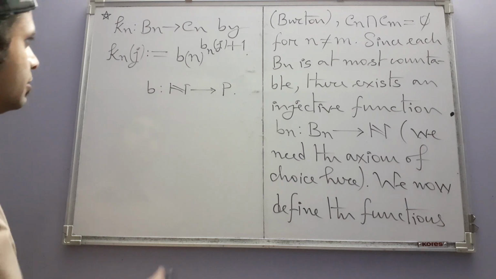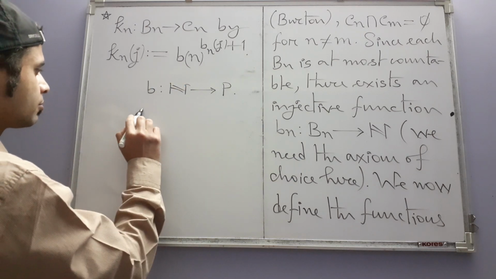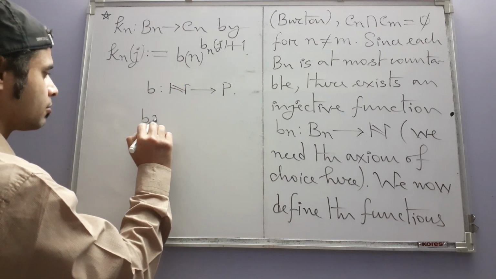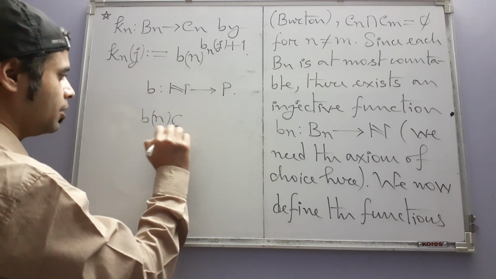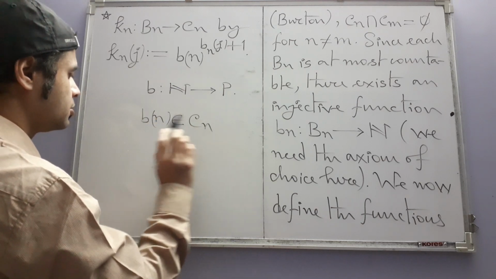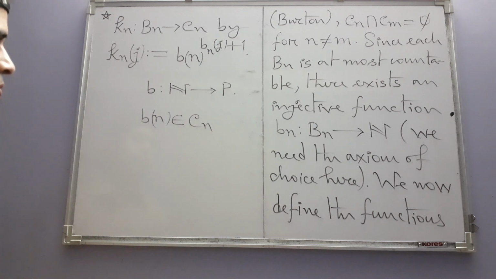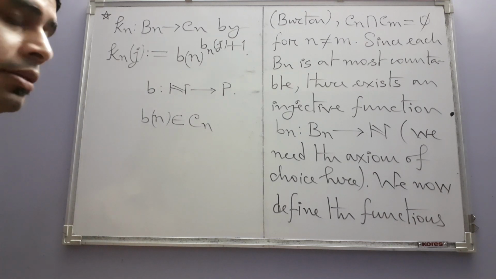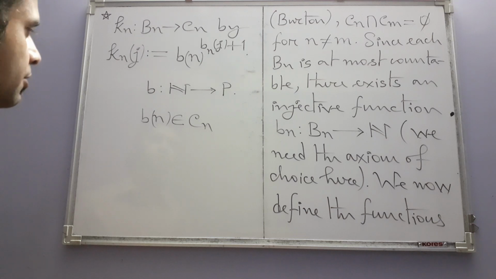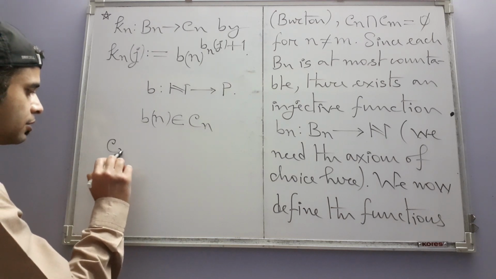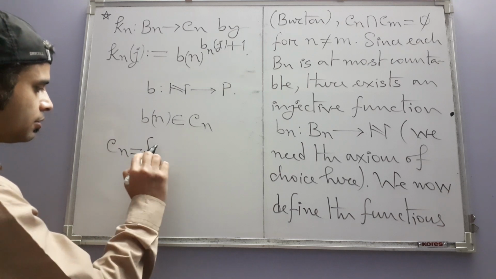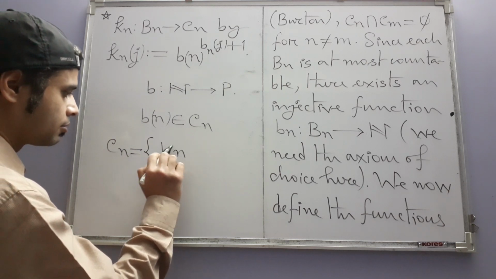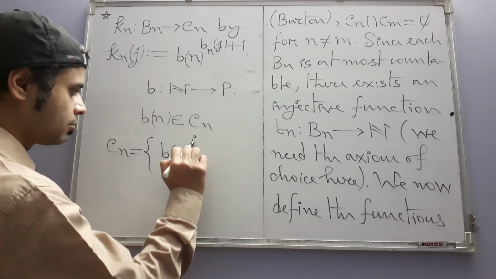And in fact, this B of n belongs to Cn. Why? That is because according to the definition of the Cn's, Cn is this.